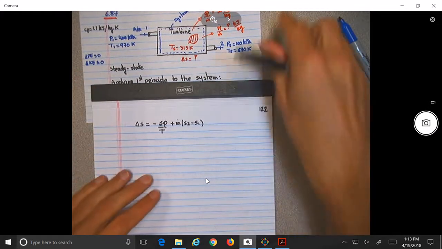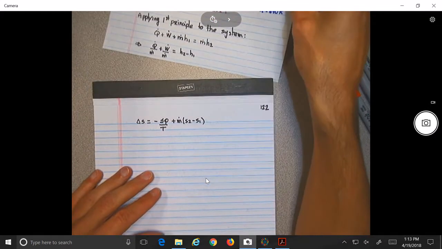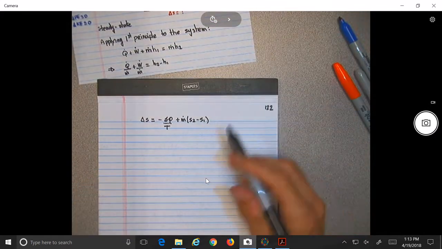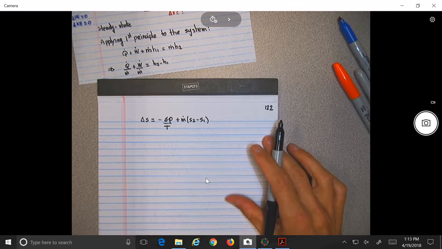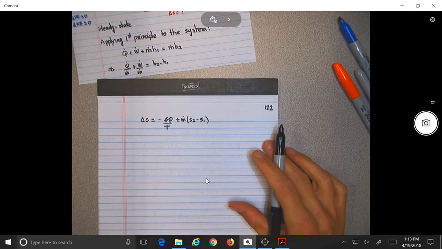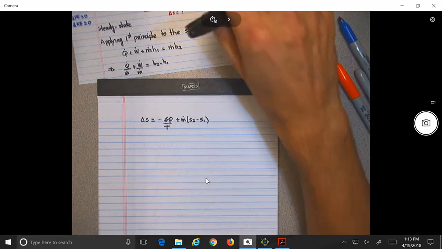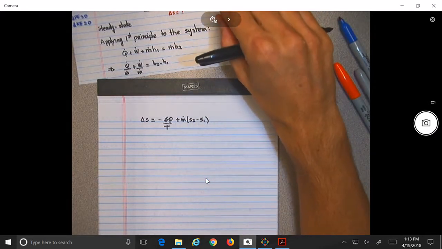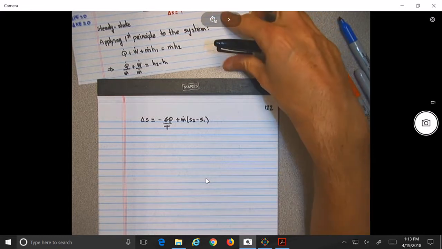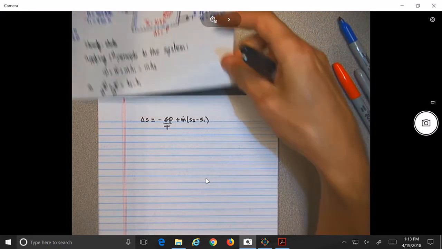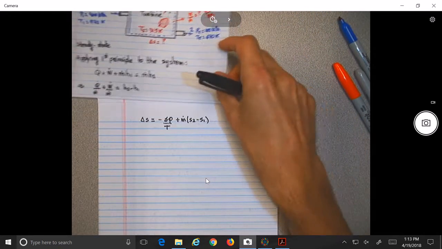We don't know m, okay? But it's not a big deal. So this is the equation, no? All right? So do we know delta Q? What is delta Q over here? Is negative 30, no? Yeah? Okay? What is T?